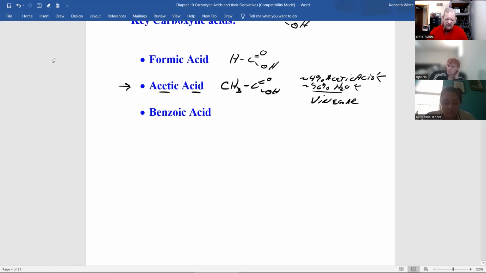Now, let's go to benzoic acid. Benzoic acid is a common name that also became the IUPAC name. And that's when the R group is a benzene ring. And as you've seen before, IUPAC in their infinite wisdom, and I mean that sincerely, we're not going to get those organic chemists to change something they've been calling it for eons.